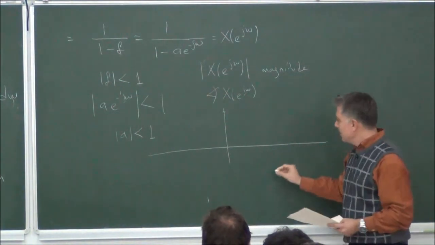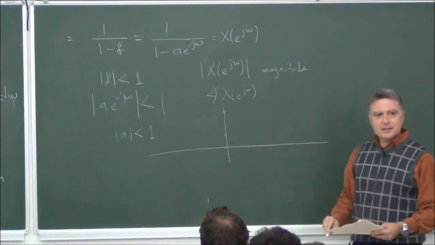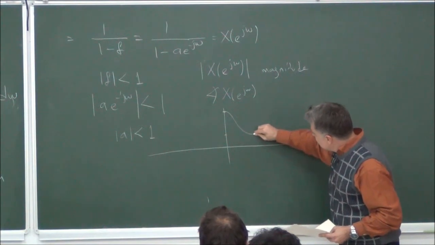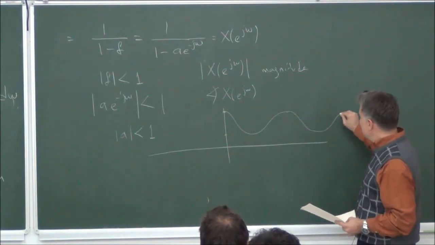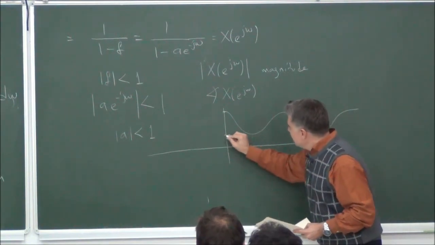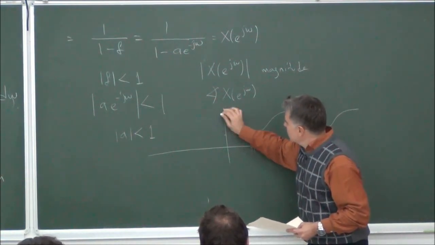What is that? 0.6 sort of thing. So it is some value like this. So you're going to draw it like this. Probably. I'm not very sure about the accuracy of this plot. But at pi, it goes down to 0.6. At 0, it goes up to 2.